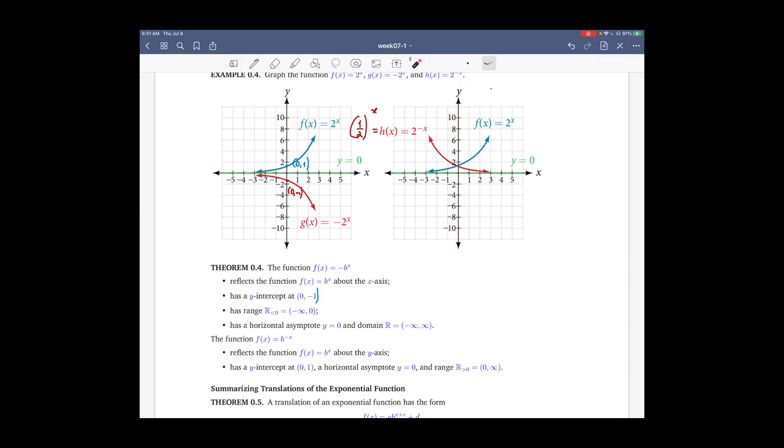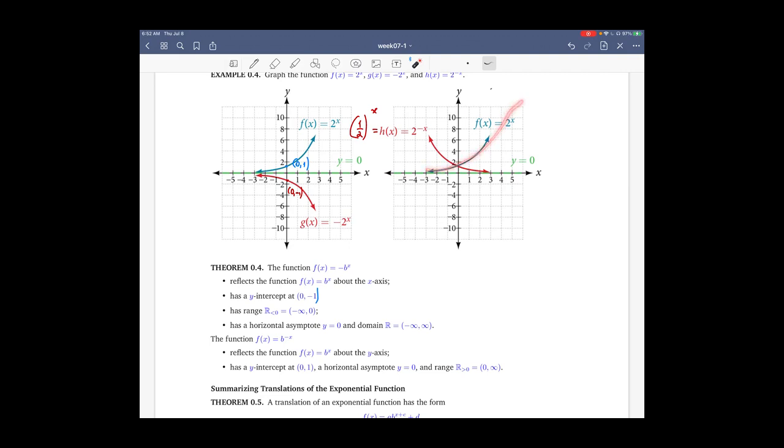That naturally doesn't change the y-intercept, it's still at the point 0, 1. Doesn't change the horizontal asymptote, it's still y equals 0. Doesn't change the range. It's still from 0 to infinity. Doesn't change the domain. It's still the entire real line, so the question is what changes?